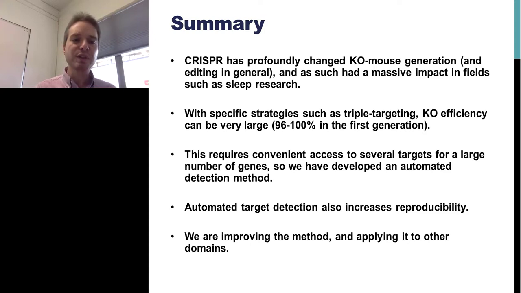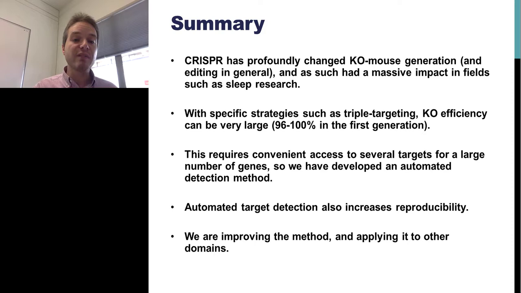What we've shown is that by using specific strategies such as the triple targeting, we can have very, very high knockout efficiency, even in the first generation. But that means we need access to several targets for potentially a very large number of genes if you're looking at complex pathways.